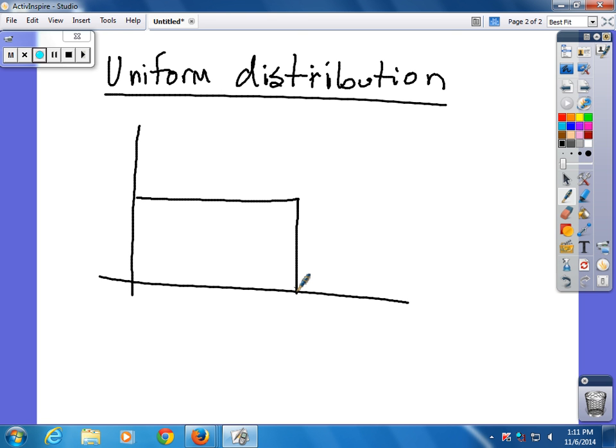Now, uniform distribution and normal distribution have something in common. They both have an area of what? 1.0000. Normal distribution and uniform distribution have the same area.